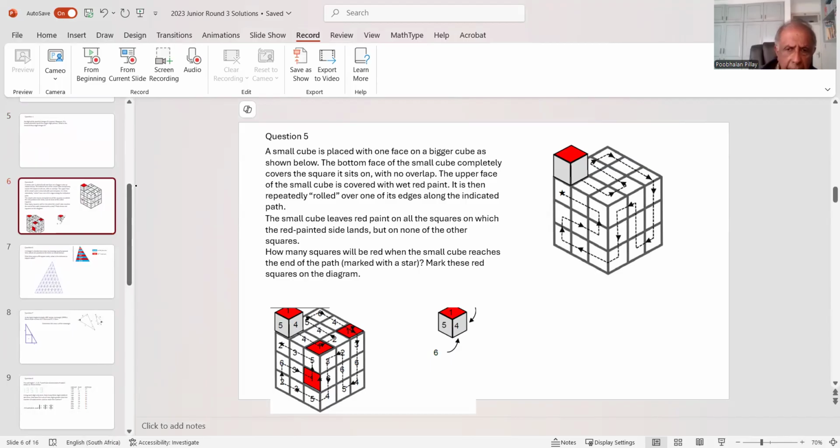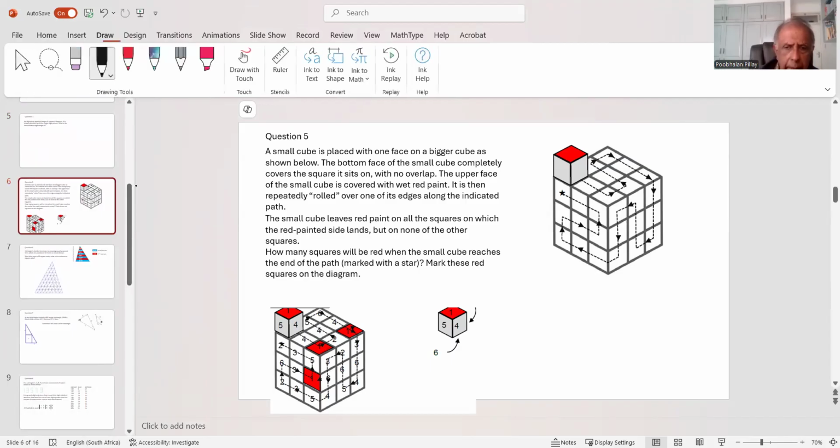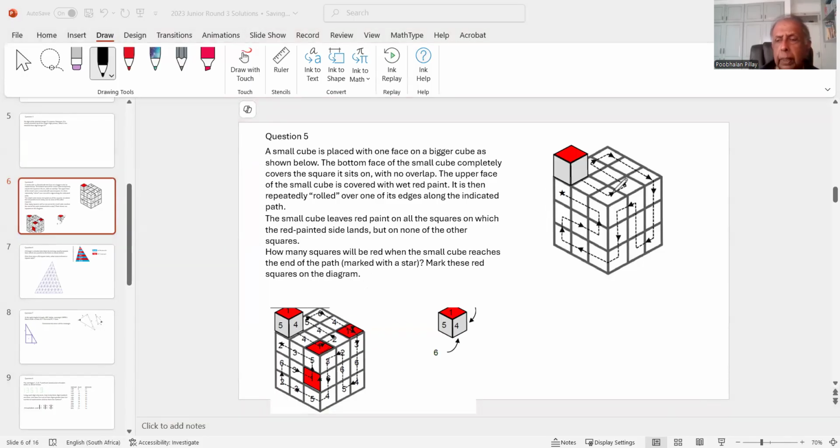You've got a cube like this, which is made up of a lot of small cubes, as you can see. And at the top of this, you have another cube, but the top face is painted.